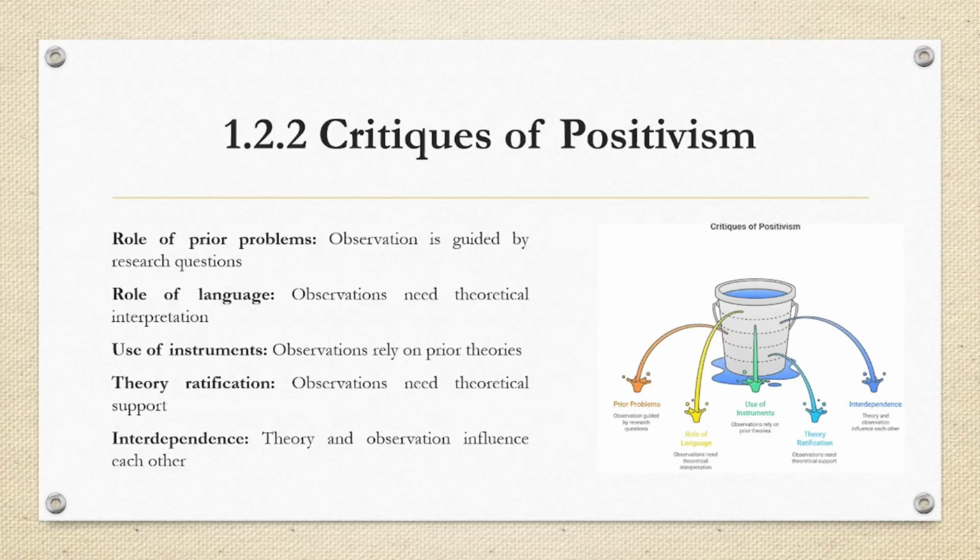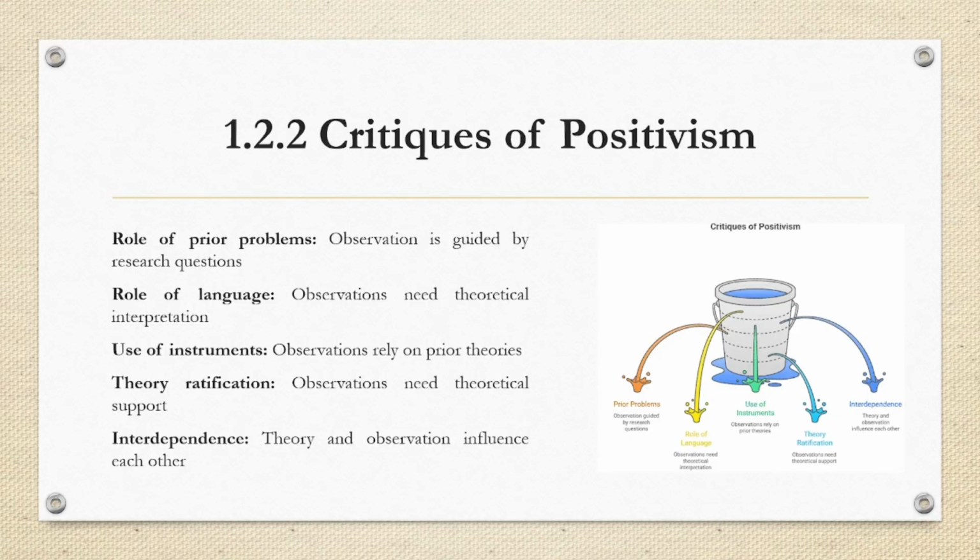Let's look at the critics of positivism. Despite its influence, positivism has also been criticized by many scholars. One criticism is the role of prior problems, which means observations are often guided by existing research questions.